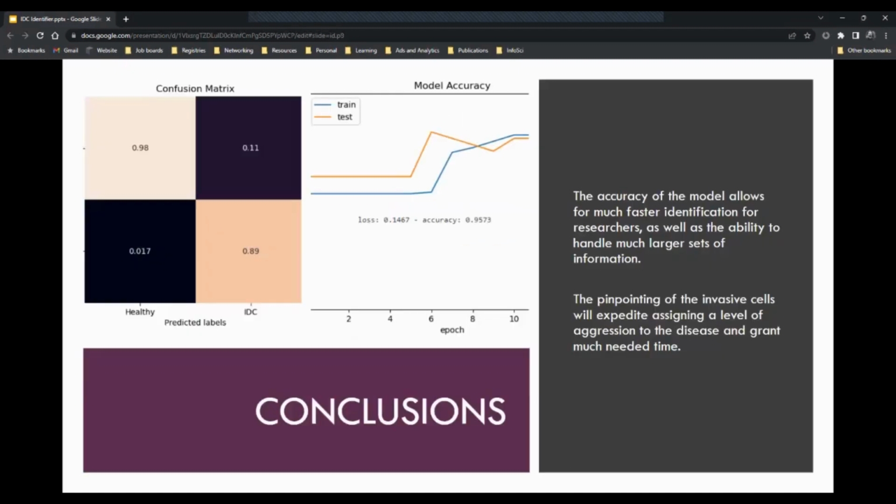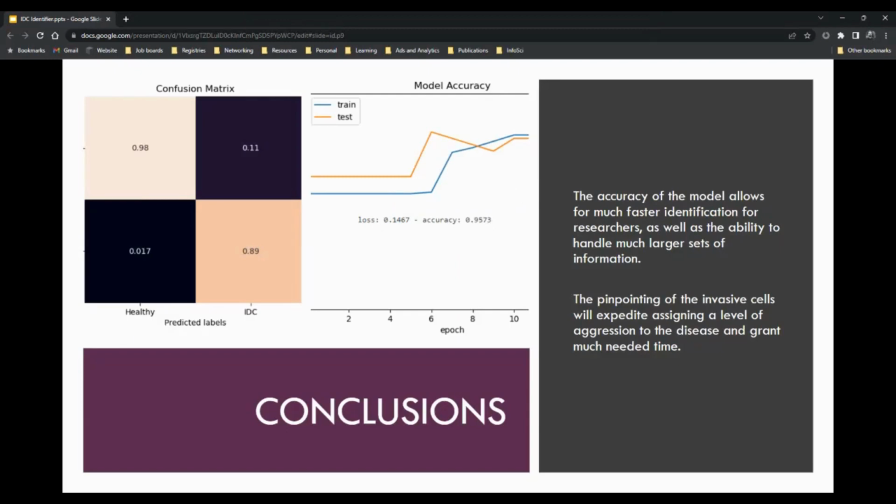The conclusions: the accuracy of the model allows for more time. Faster identification using a deep learning network means more time for researchers, more time for patients. That's the optimal ideal.